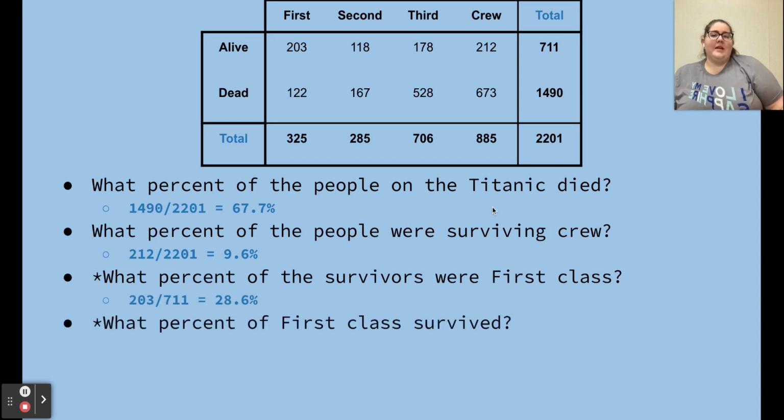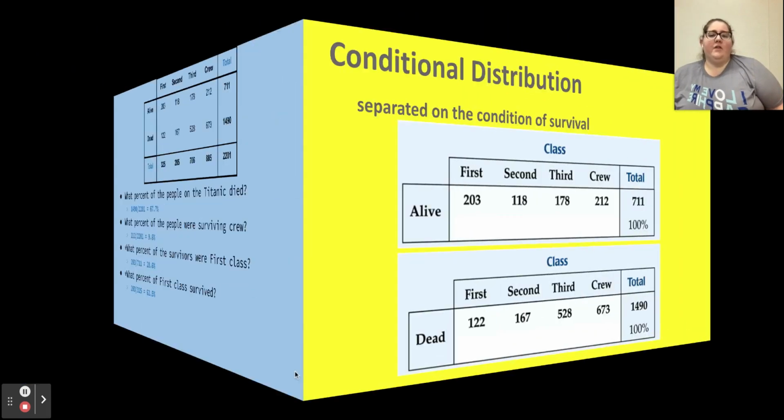And then if I ask what percent of first class survived, it seems like the same question as the previous one, but now we're talking only specifically about first class. So looking only at first class, 203 survived out of 325 total. Looking at the word of is a good clue. It helps us know what's going to be the denominator.